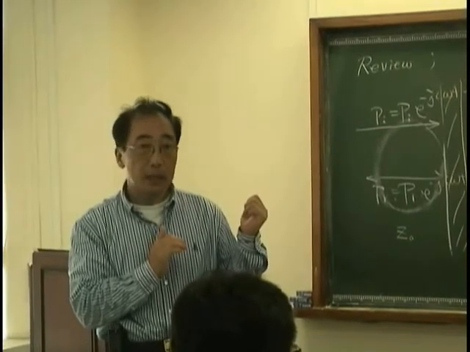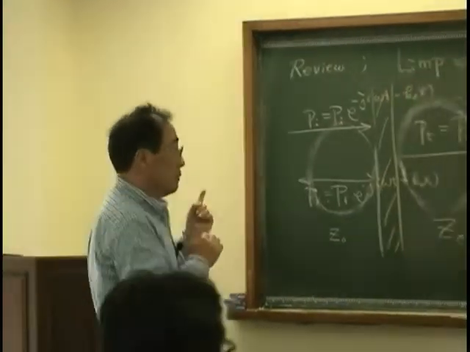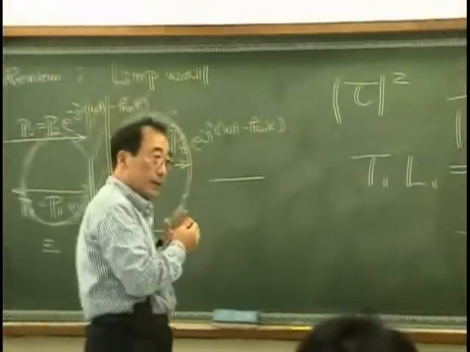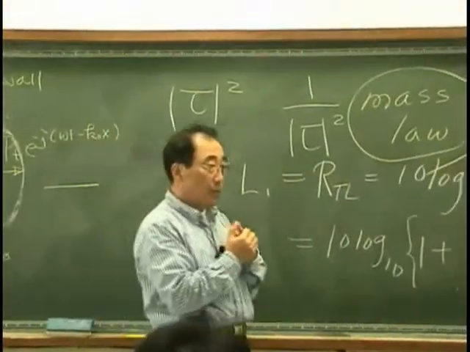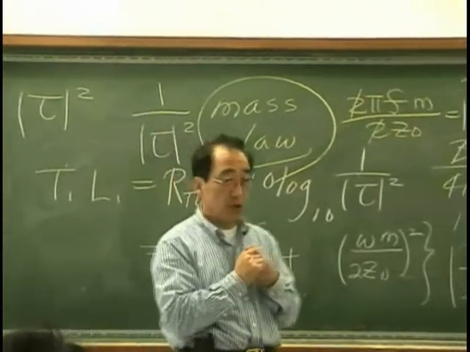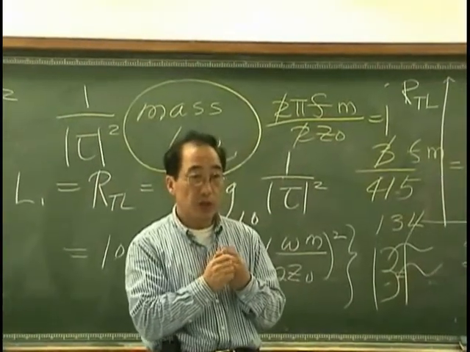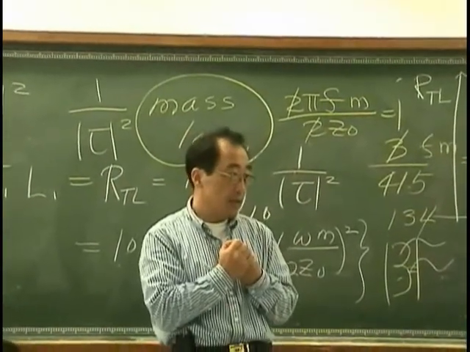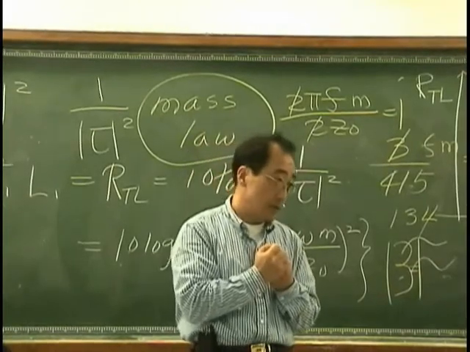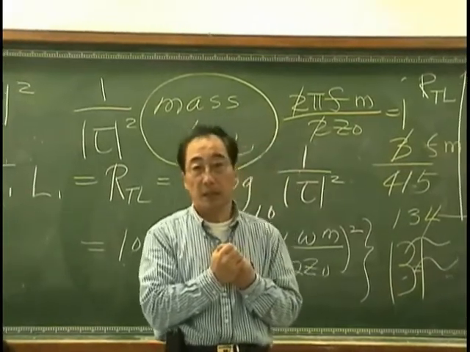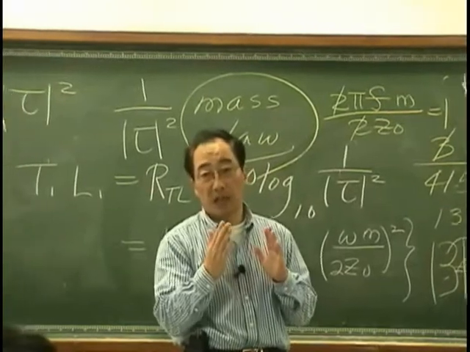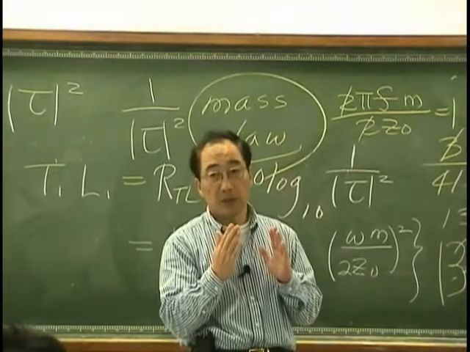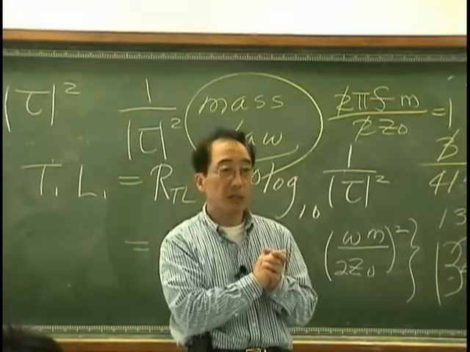Okay? And then we apply the boundary conditions, pressure and velocity, the continuity boundary condition, and we get the famous Mass law. It simply says that increasing 1 octave in frequency would increase transmission loss by 6 dB.